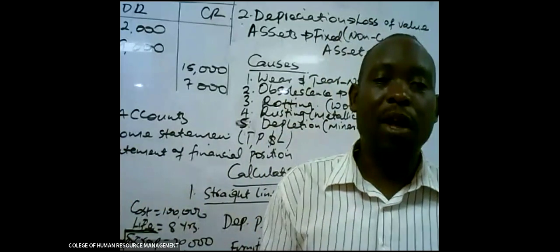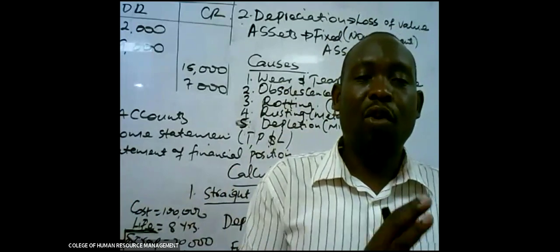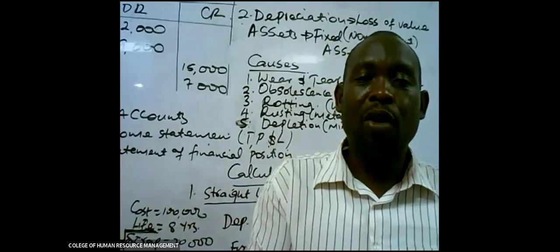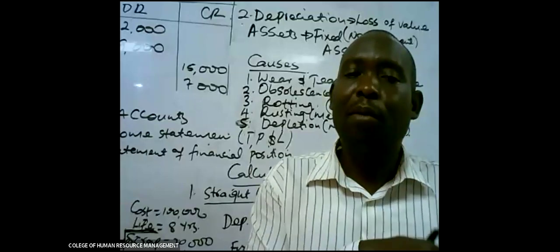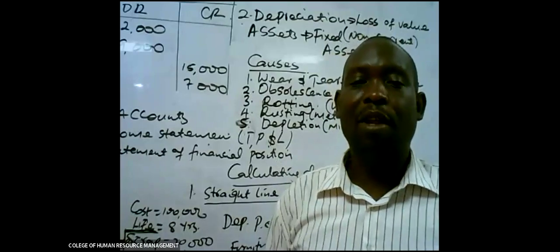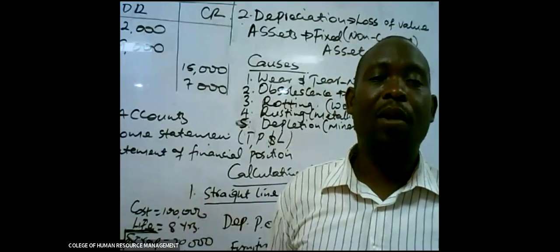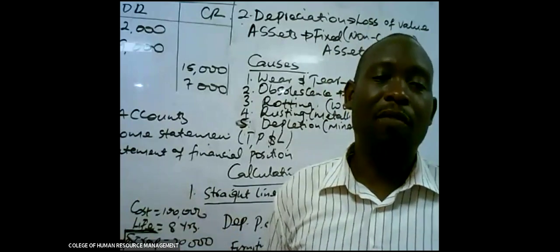So we provide so that money can be set aside. When the asset is no longer economical to use, we can use the money that we have been providing to acquire new machines, and the business will continue running. So that we don't celebrate that we have made a lot of profit without providing for the provision.